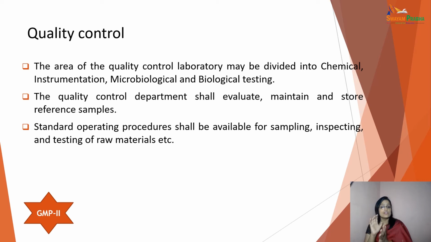Standard operating procedures shall be available for sampling, how the sampling should be done, inspection and testing of raw material, intermediate, bulk, finished products and for packaging materials, wherever necessary.